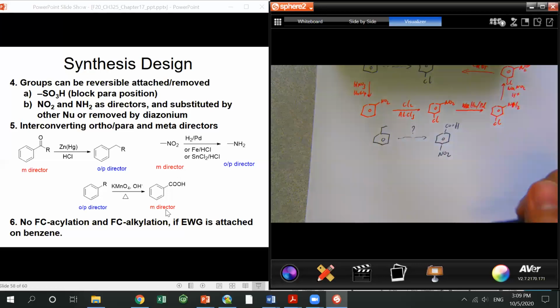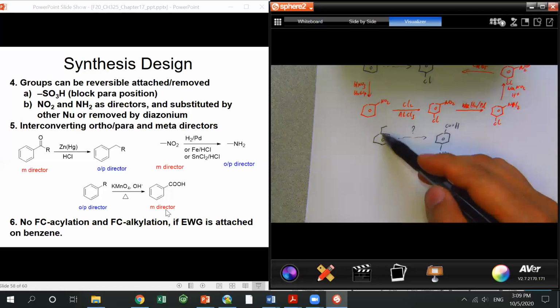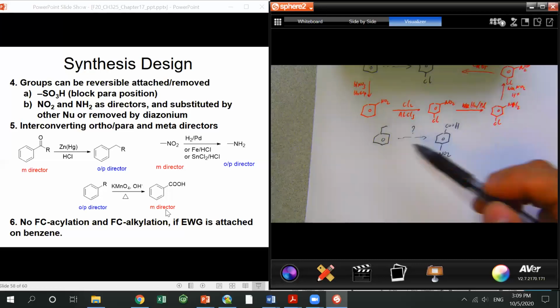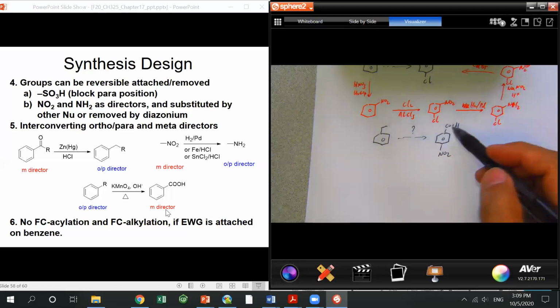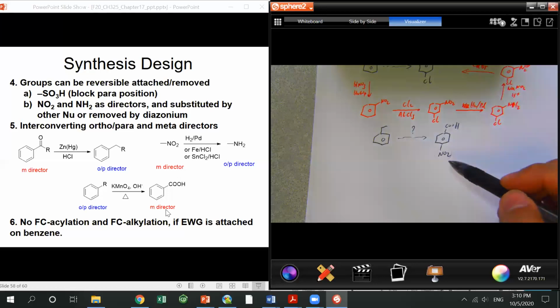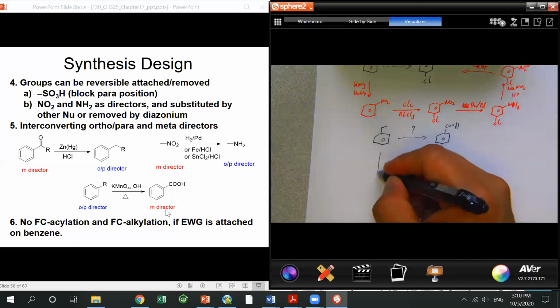Right, so if it is directly from alkylbenzene, the alkyl group is a para director, okay, no problem. But if you go directly from benzoic acid, the meta director cannot put the nitro group at the para position, okay. So in this case, for this reaction, we'll do the nitration first, okay.